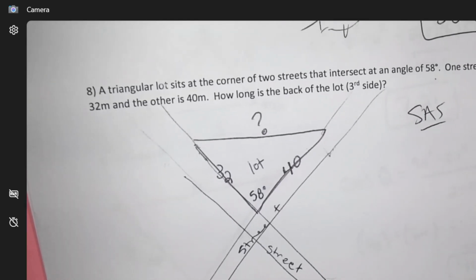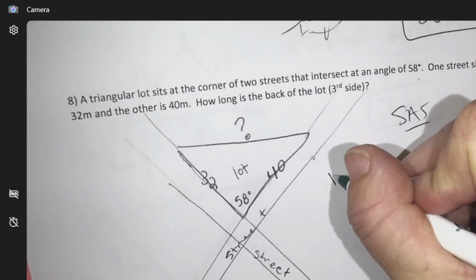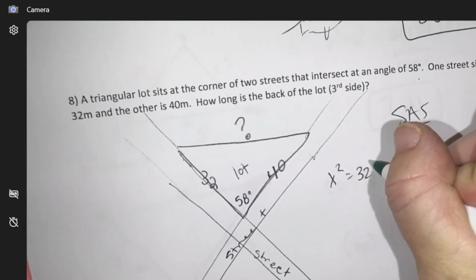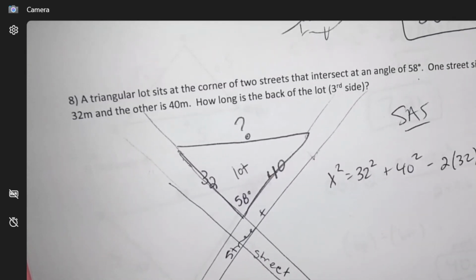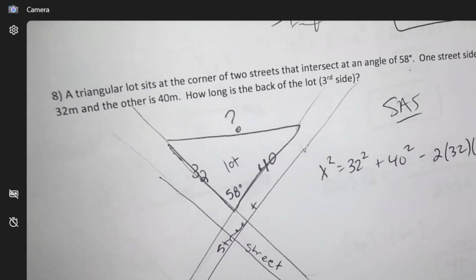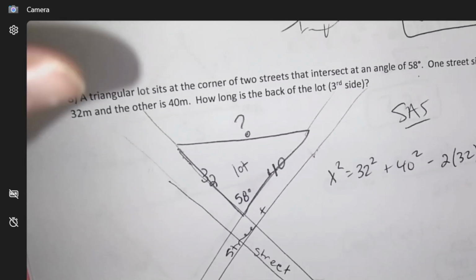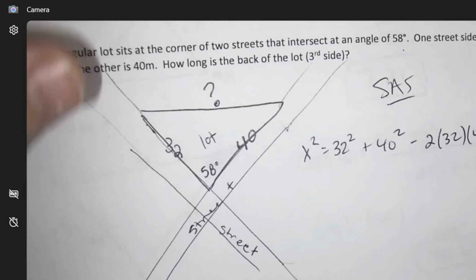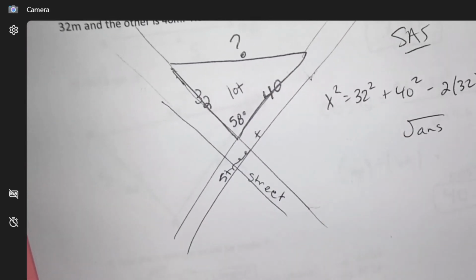So we're looking at a SAS. Okay, so there's your formula, cos, and then don't forget to square root this one.